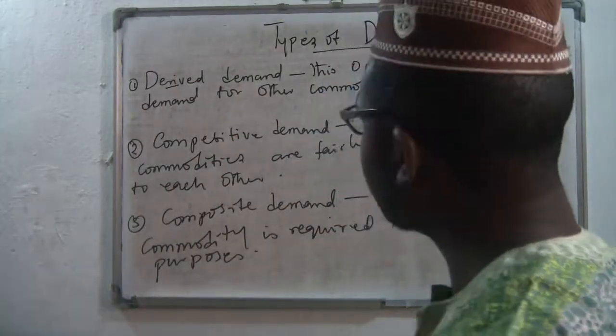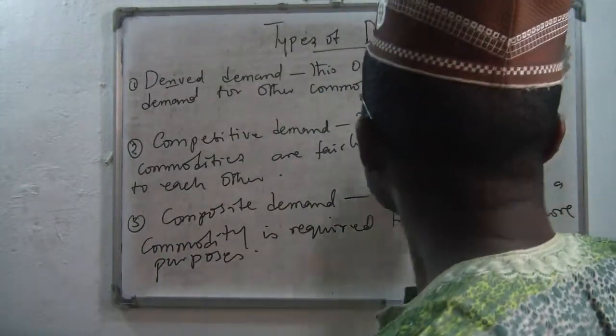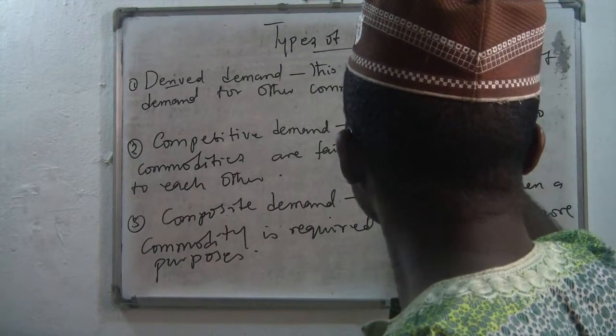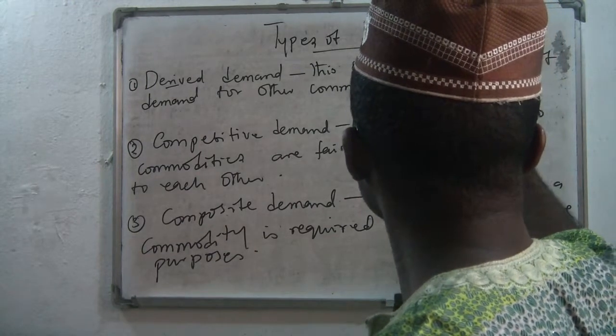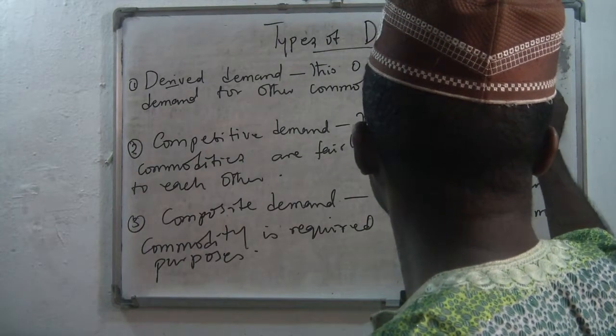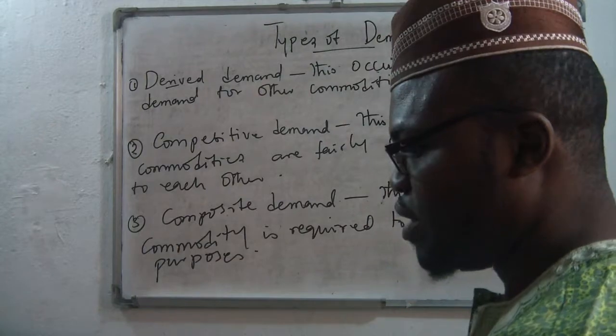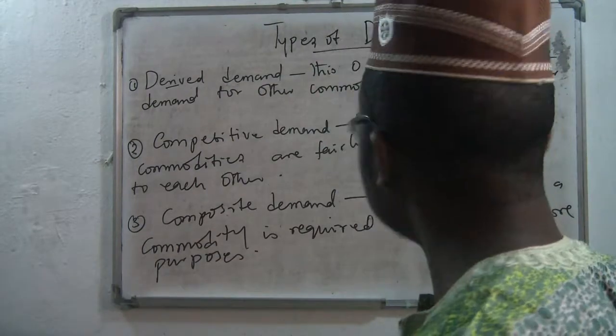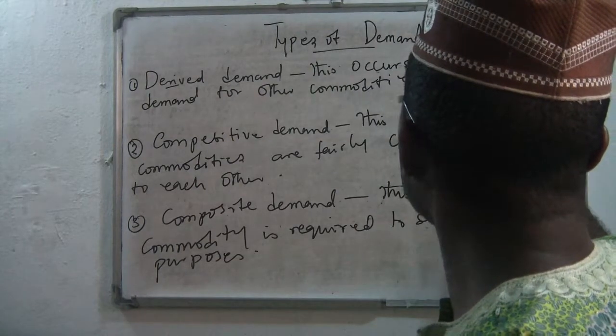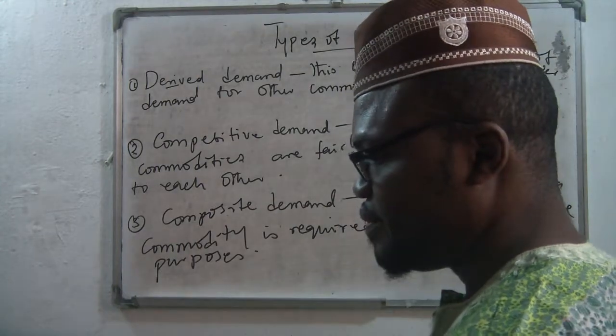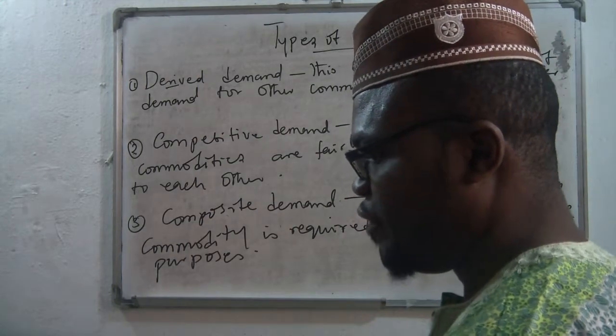Anytime you buy bread, it's likely that you buy butter, because they go together. So you can say that butter has a derived demand from bread.